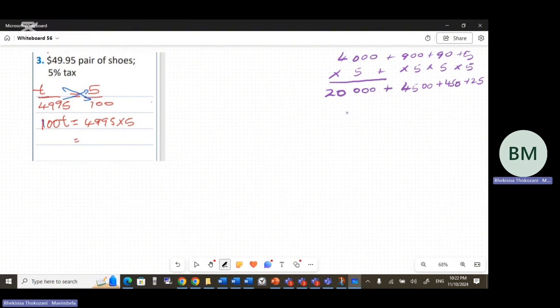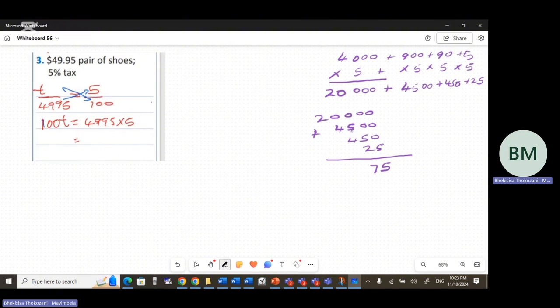Now let's add all of this together. We have 20,000 plus 4,000. Look at how I'm aligning the numbers. 4,500 plus 450 plus 25. Now I'm going to add everything. 0 plus 0 plus 0 is 0, 5 plus 5 is 10, and then here I have 7.